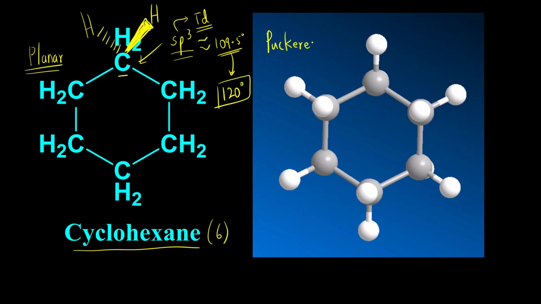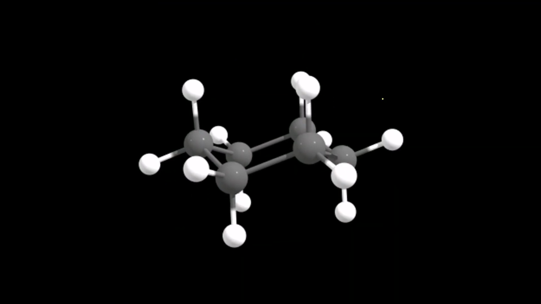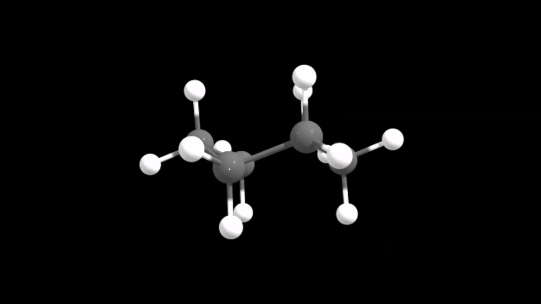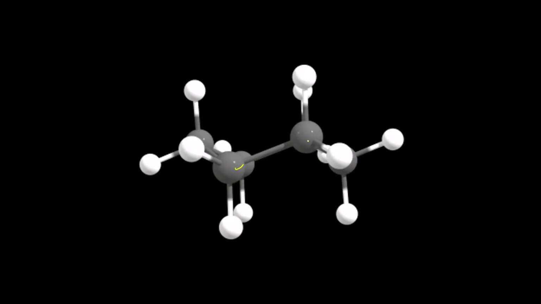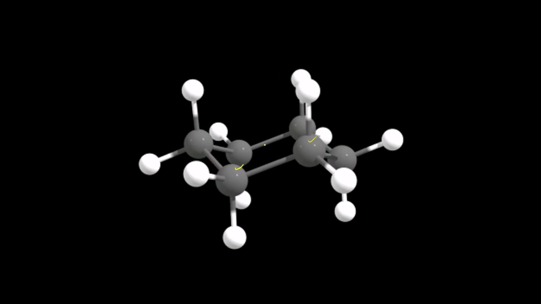Puckered means slightly non-planar structure. And how does it actually look? It is like this. In this video, as you can see, it is not exactly planar. Some carbons are above, some carbons are slightly lower in position, as you can see in this video.